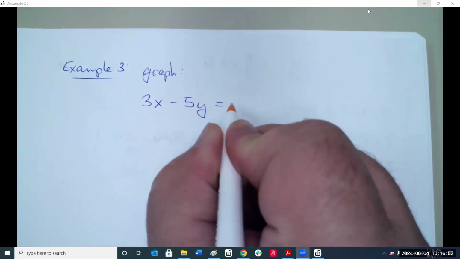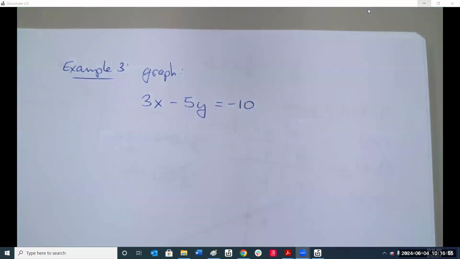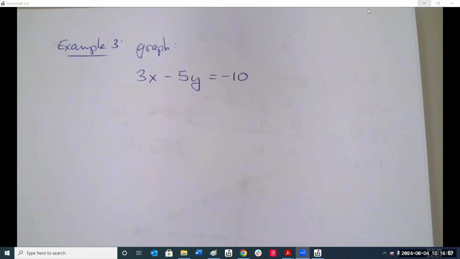Example 3. Graph this equation. Will the intercept method work here?